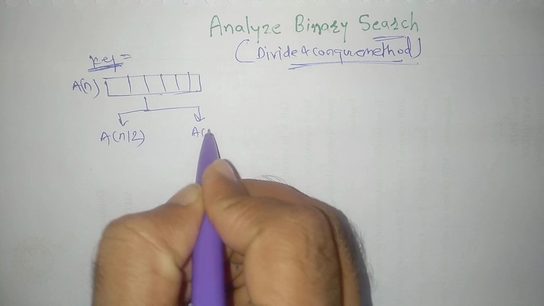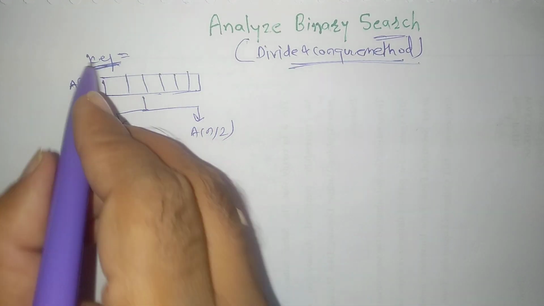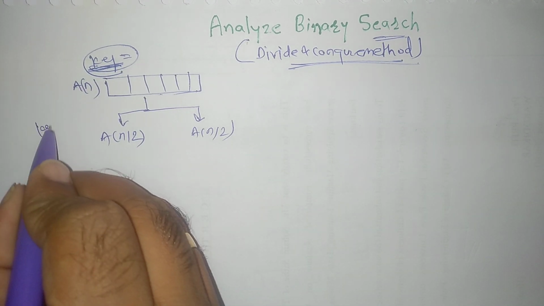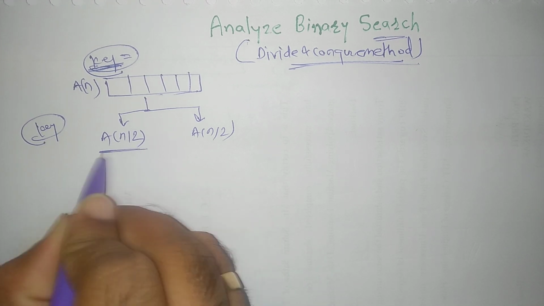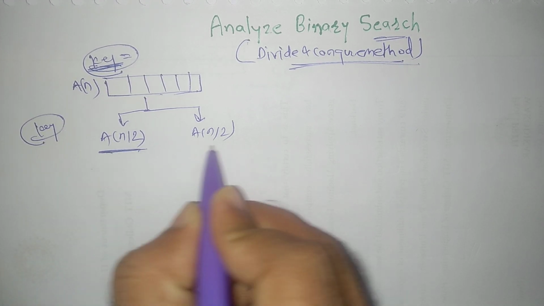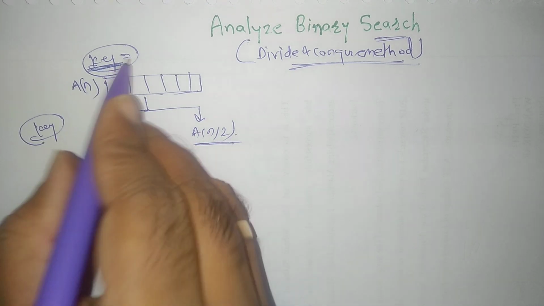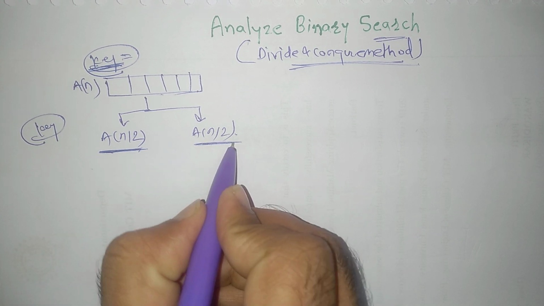After that, I have to compare with the key value, and my key value will be in either this part or this part. It will never be in both parts. My key value will be in either the left part or the right part.